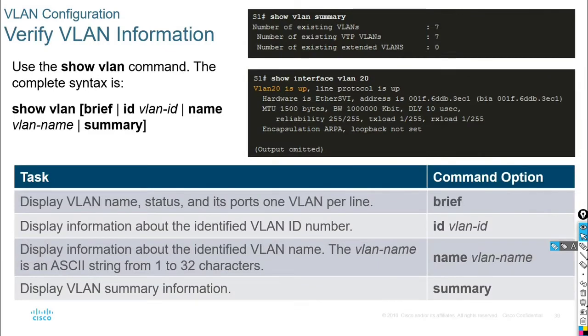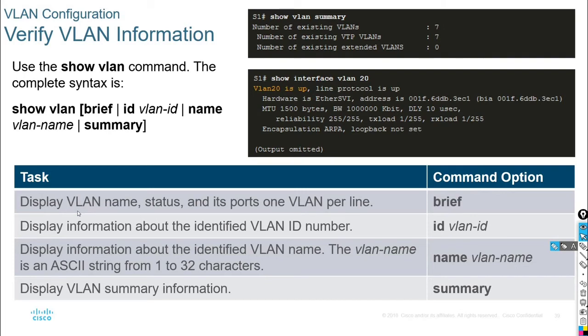To verify VLAN information, after a VLAN is configured, the configuration can be validated using the Cisco IOS show commands. For this, the show vlan command is used, and show vlan summary, show interface vlan 20.